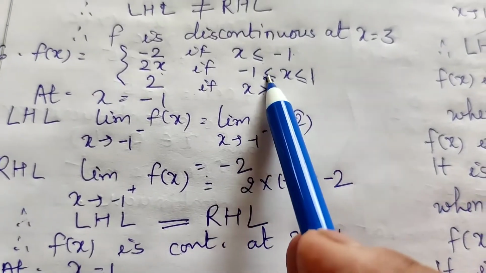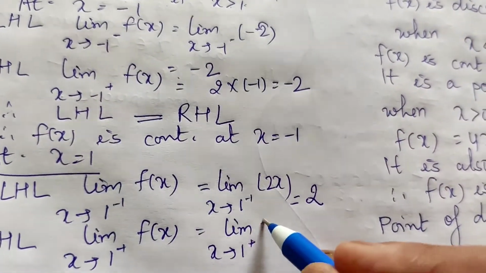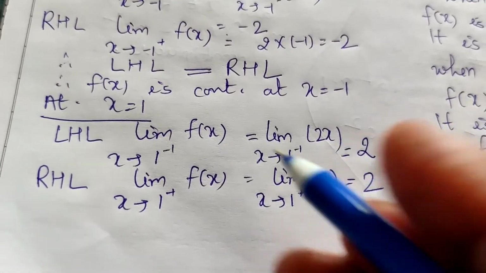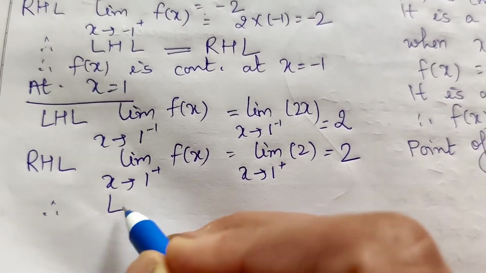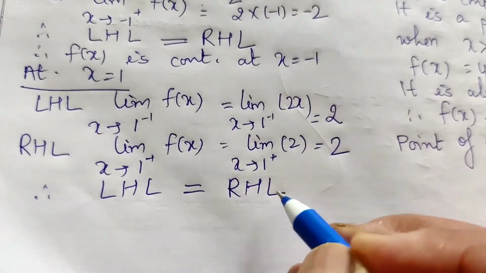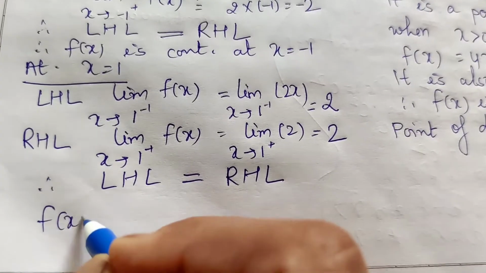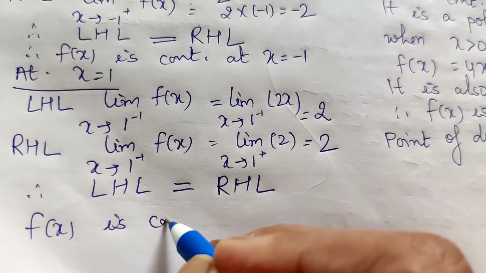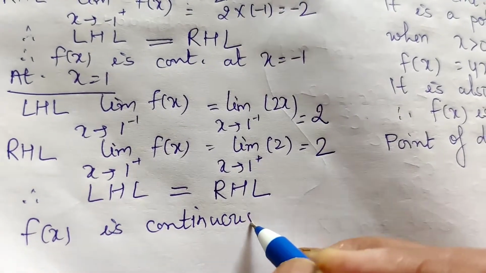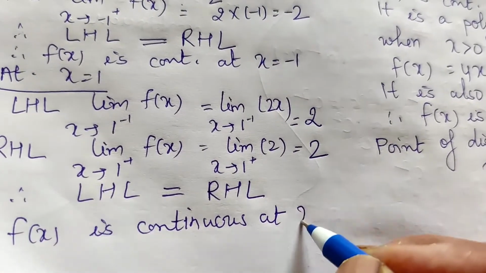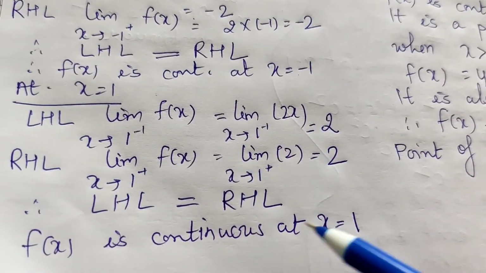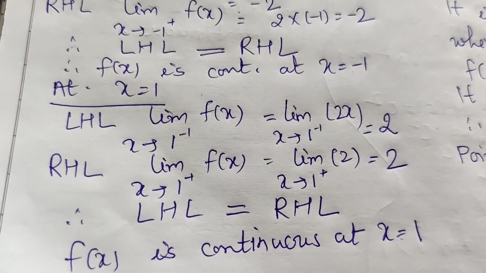The function for x greater than 1 is equal to 2. Therefore, left hand limit equals right hand limit. The function is continuous at x equal to 1. It means the function is continuous at x equal to minus 1 and x equal to 1.